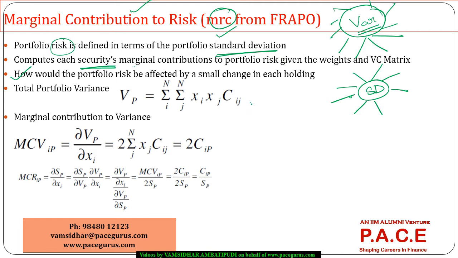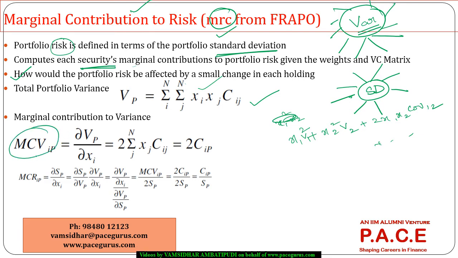Mathematically, this is the way we compute the overall variance of the portfolio, right? x1 squared variance of 1, plus x2 squared variance of 2, plus 2 x1 x2 times the covariance between 1 and 2, and so on. So this is how we get the overall variance of the portfolio. When we use the marginal contribution to the variance, I am taking the derivative of the variance with respect to each of the individual weights.